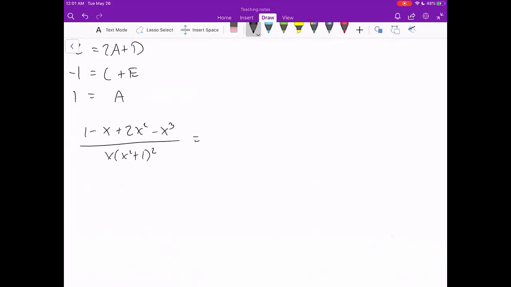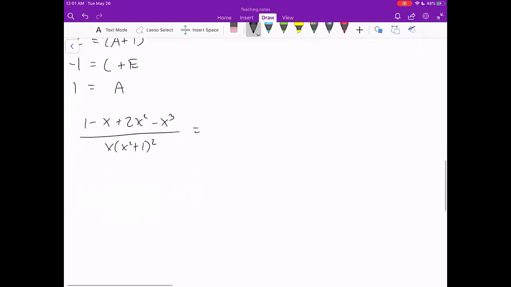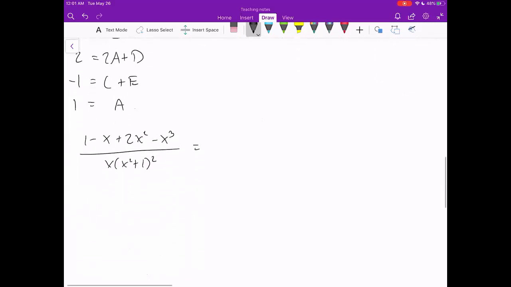This is going to be equal to, if I plug all those constants into my partial fractions, you're going to end up with 1 over x minus (x plus 1) over (x squared plus 1) plus x divided by (x squared plus 1) squared.